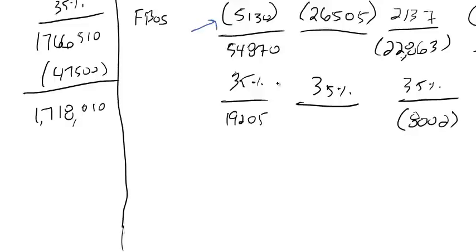Okay, so let's add up this column. So 345 minus 35 minus 26,505 should be 283,495.